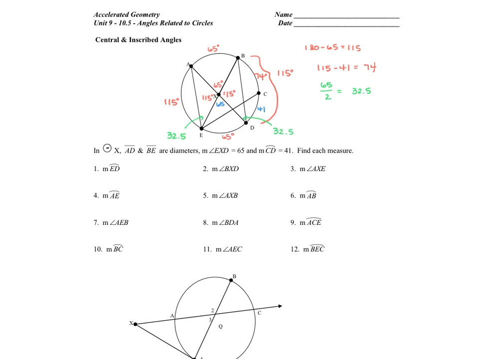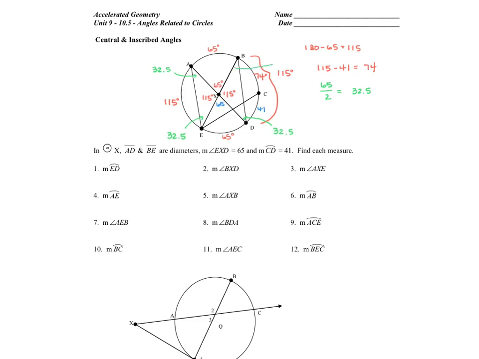Angle EAD also intercepts an arc of 65 degrees, and an inscribed angle is half the measure of its intercepted arc. So again, 32.5 degrees. And angle EBD also intercepts arc ED, which is 65 degrees.